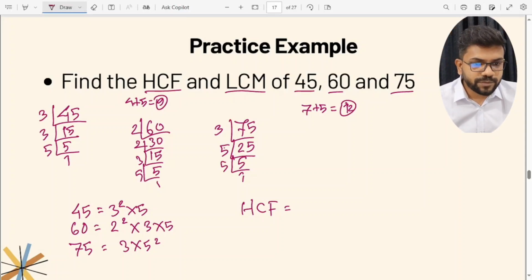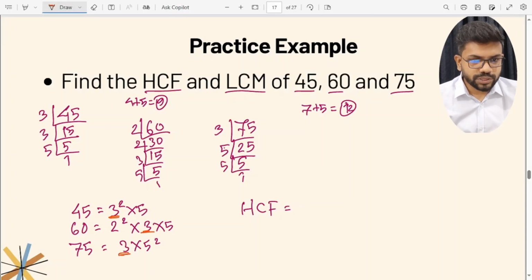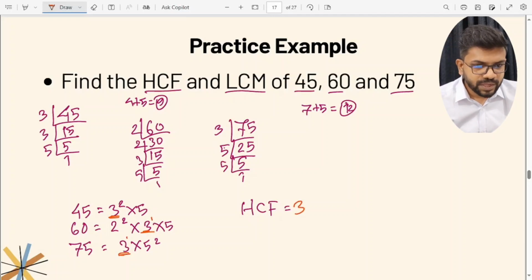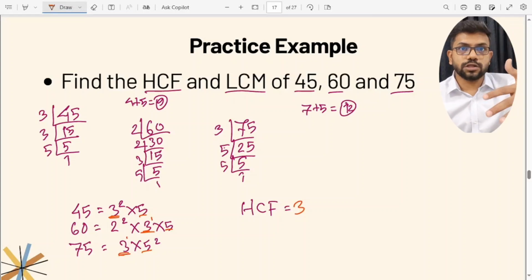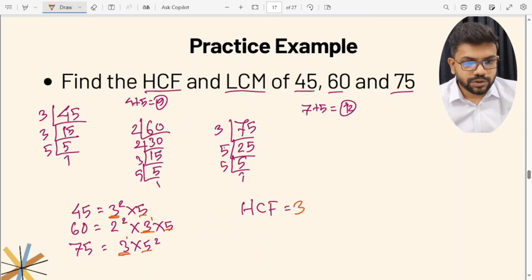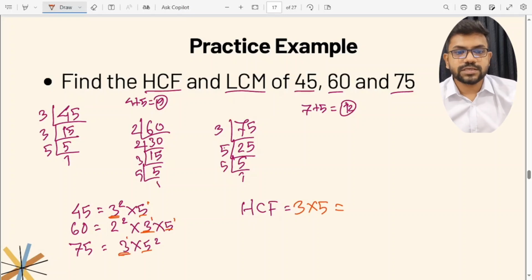So common prime factors, we can see 3 is a common factor here with the lower power of 3 to the 1, so we will just take 3 here. 5 is another common factor, common in all three of them. In the lower power we get 5 to the 1, which is 5. This is the HCF, 3 5s are 15.